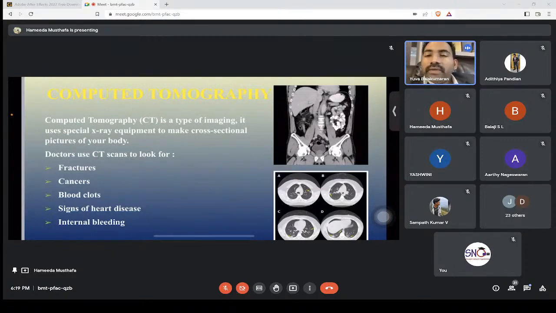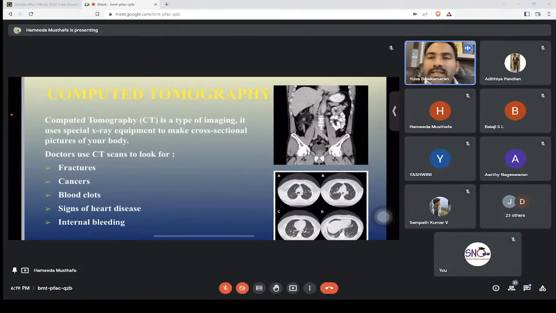To look at that we have to do cardiac CT, and we have to look at the valves and the structures of the heart. Then the same, internal bleeding. So in a case of trauma or any other thing, we have to look at the entire body, look for any collection or bleeding. So CT scan is a very essential thing to diagnose all these diseases.